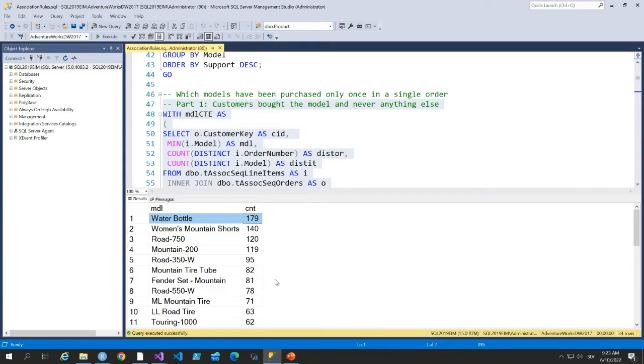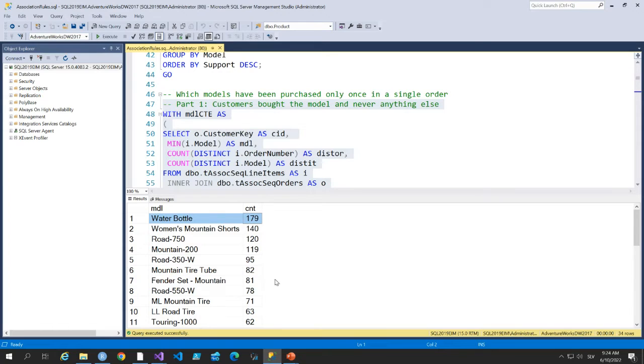It sounds pretty logical to me that a water bottle is many times purchased alone. Imagine that you went for a biking trip. You want to bike, let's say, 100 kilometers, and then you realize you forgot to take water with you. This is something that is then, especially in the summer, impossible to ride for 100 kilometers. So you stop in the first store, quickly purchase a water bottle, fill it with water, and continue with the trip.